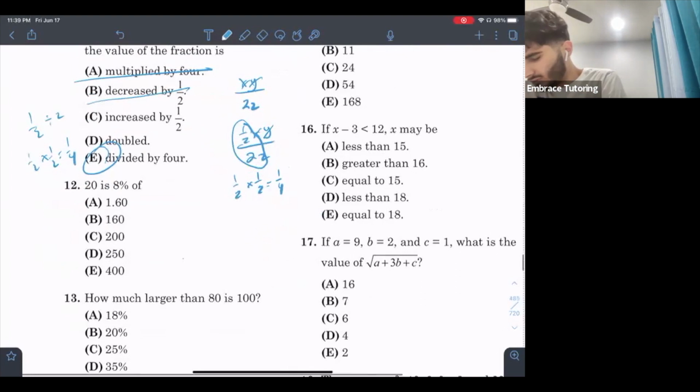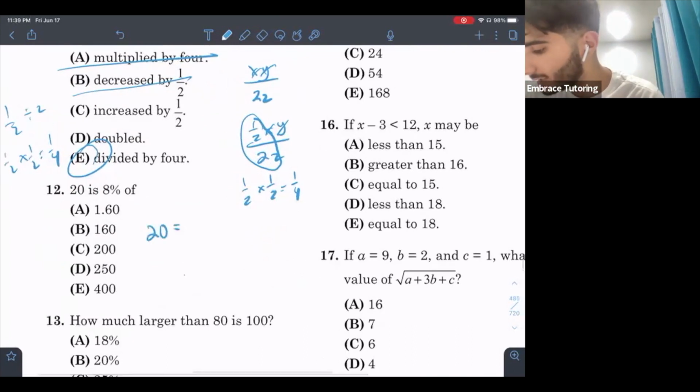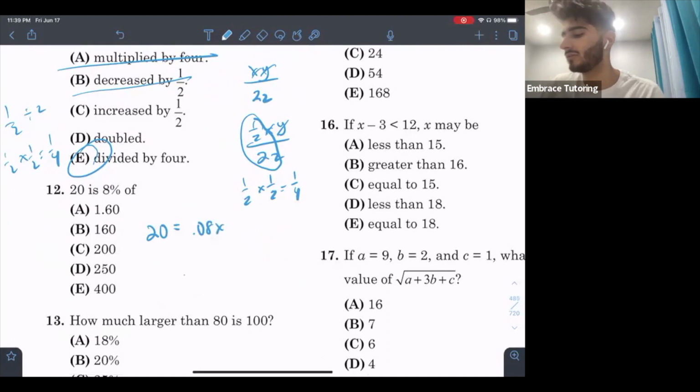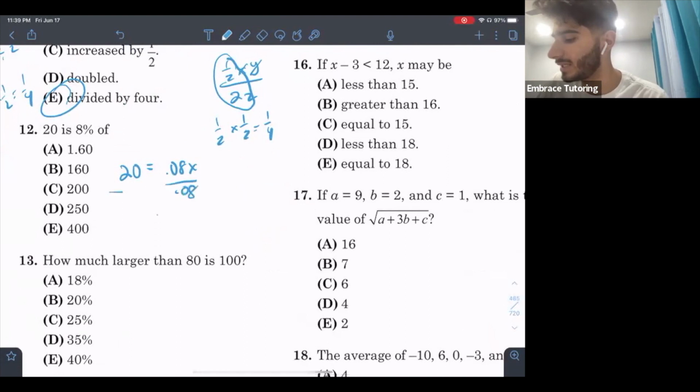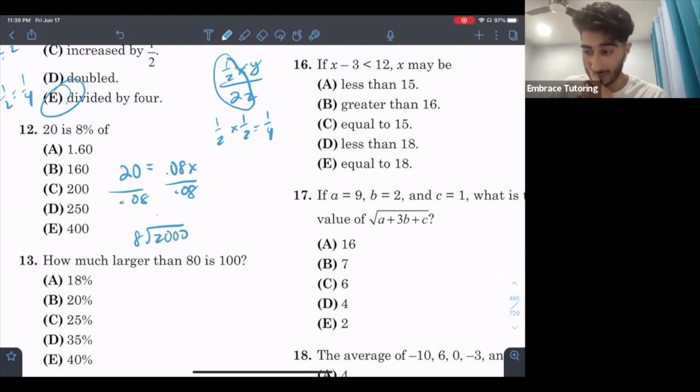Question 12. 20 is 8% of blank. So 20 is 8% of blank. So 0.08 times x gives you 20. So what you could do here is divide by 0.08. You can do 8 is equal to 1.2 divided by 2,000.